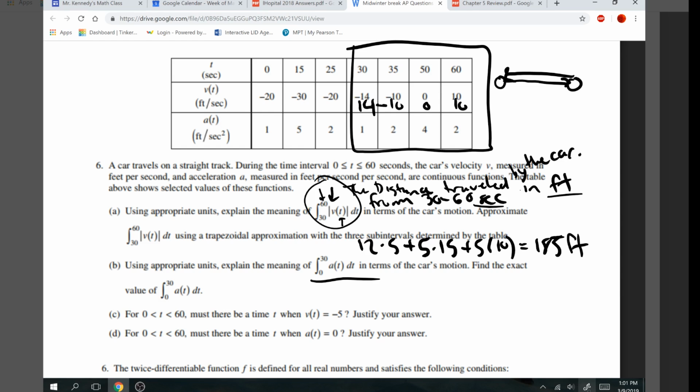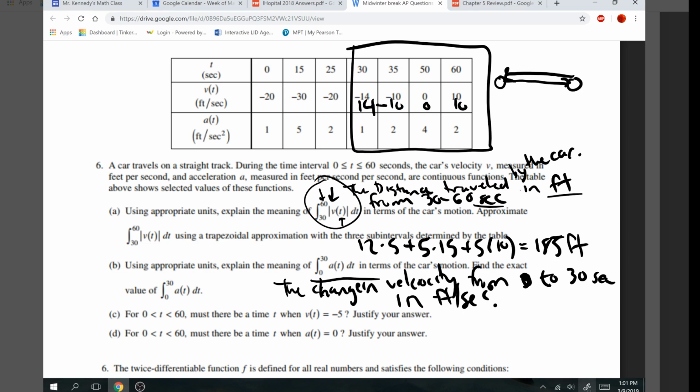When we integrate acceleration, we get velocity, so it's a change in velocity from 0 to 30 seconds. And I have to put my units here, feet per second.